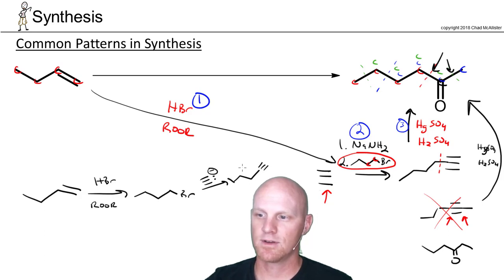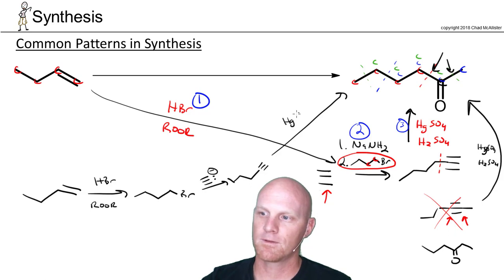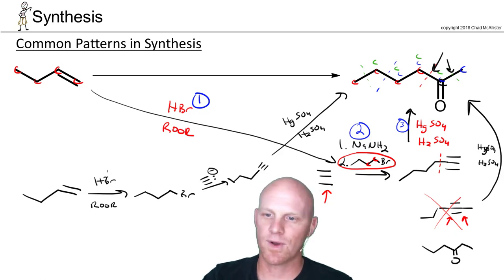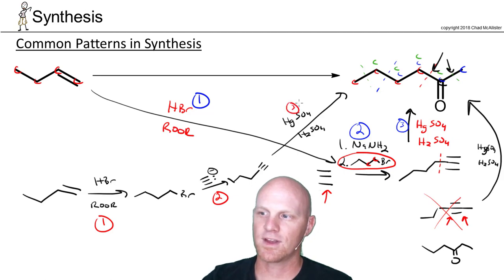I killed a carbon. So by the way, when you're making carbon-carbon bonds, it's really easy to kill a carbon like I just did, so always count your carbons. And then finally we could finish it off with the HgSO4, H2SO4. So if you didn't like the way we did this the first time, you could definitely write it out like this. And again, there's 1 step, 2 steps, 3 steps to our synthesis.